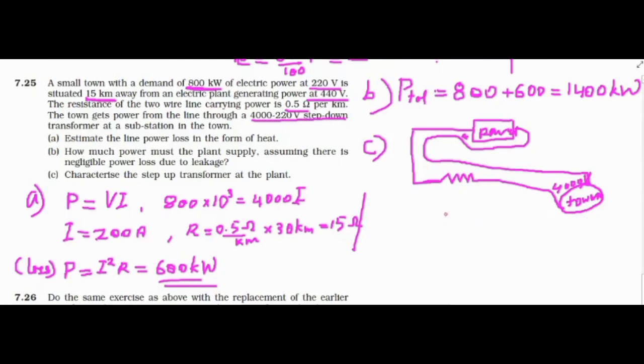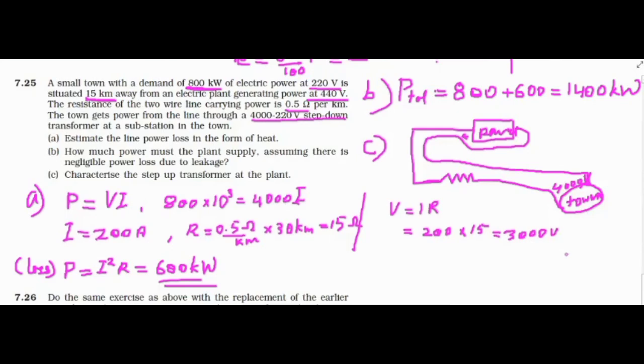So what is the voltage drop across the total line of transmission, which you can calculate using the formula V is equal to IR. The value of I we have already calculated, which is 200, and the value of resistance is 15. So you will get 3000 volt.